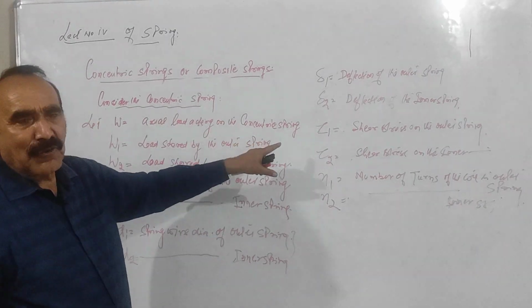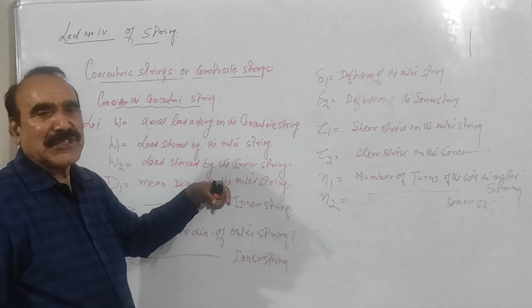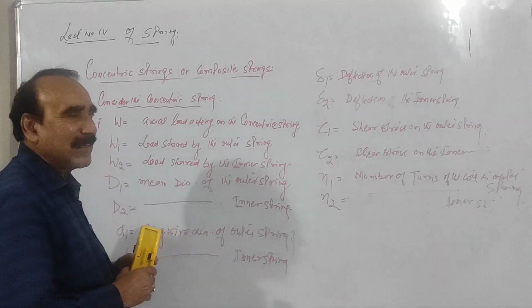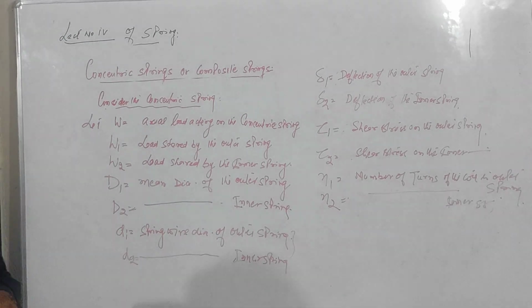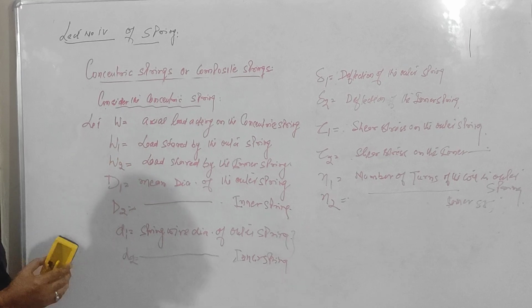So these are the parameters which we will first write down, and now we will start deriving the equation, or designing the concentric spring, that how we will do it. Just see here, right? Now I will first rub it because I need the space to write down.